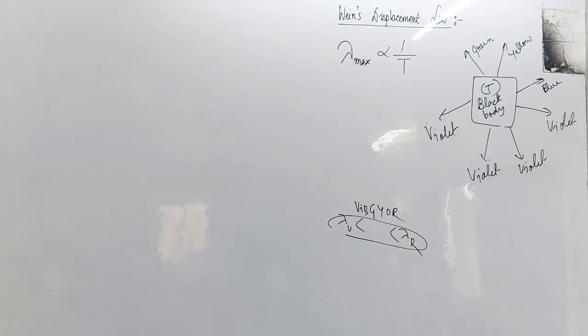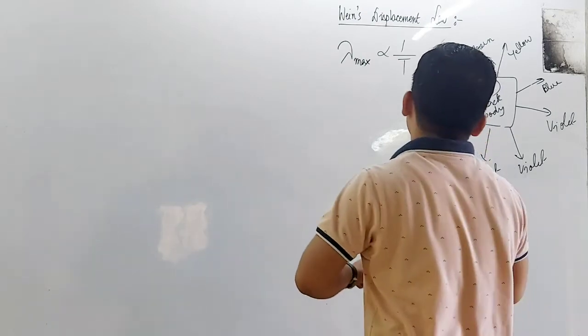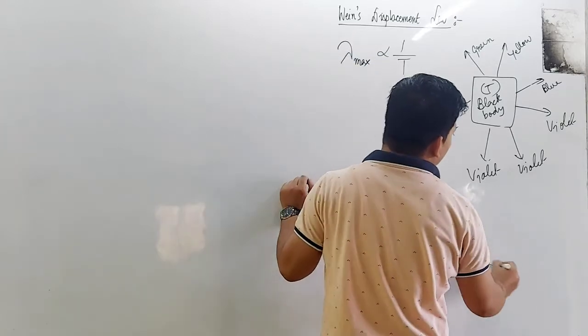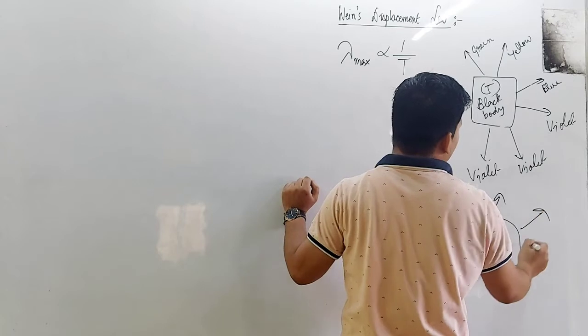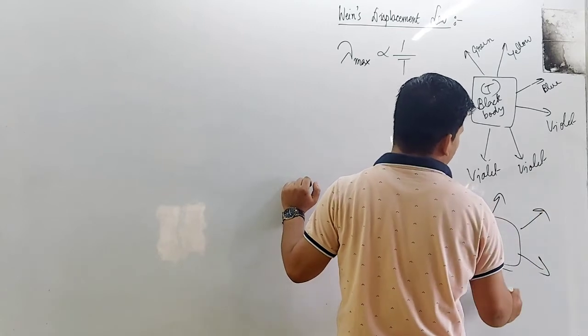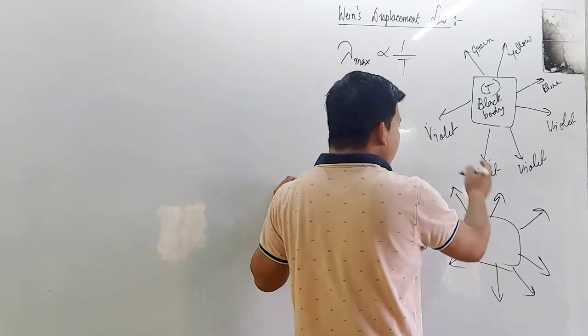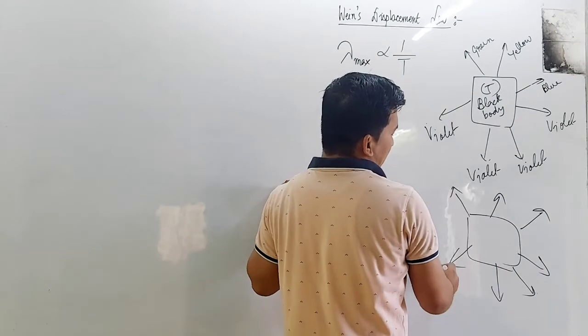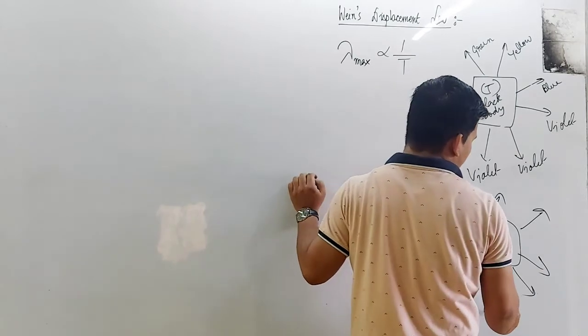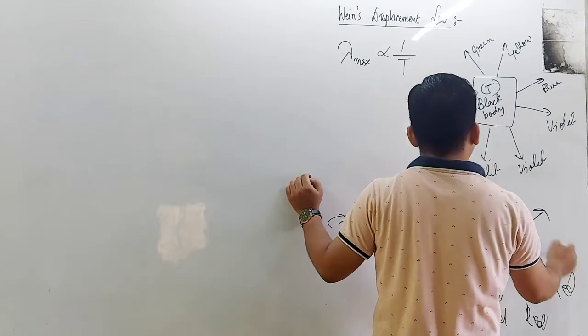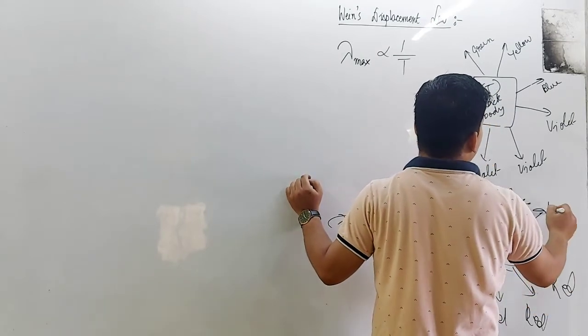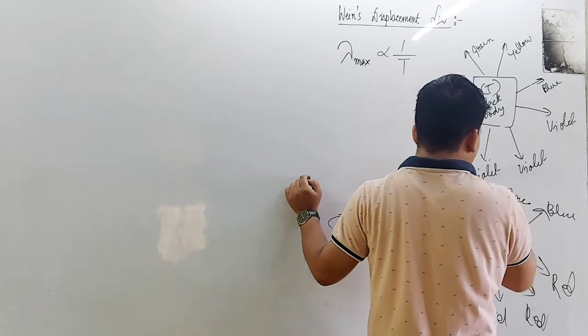Now, if the temperature is increased, it will change to another color. For understanding, consider another case where we still have 7 radiations: 1, 2, 3, 4, 5, 6, 7. Violet can change to red. This is red, this is red, this is again red, this is again red, and this is green. This is blue, this is violet in the color.